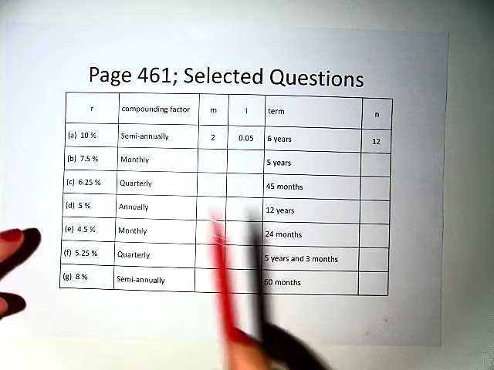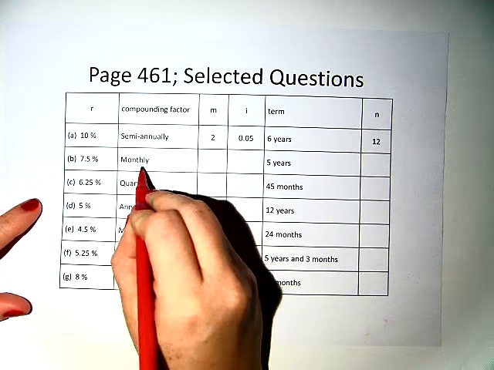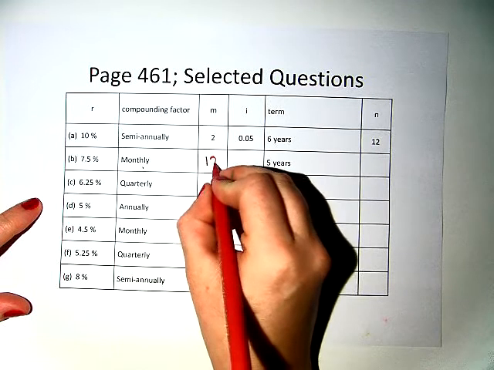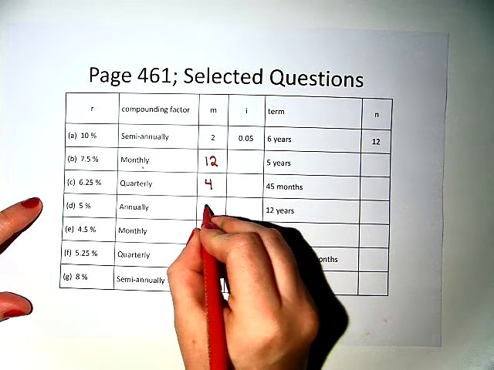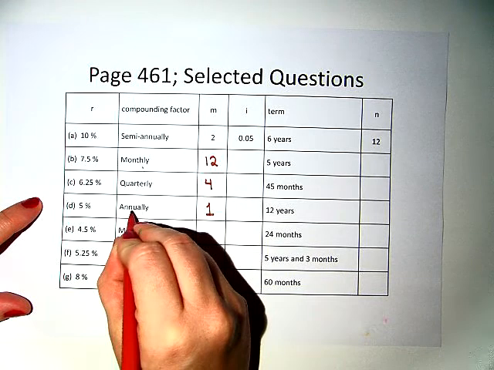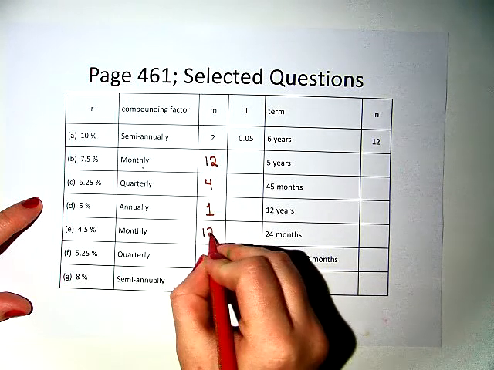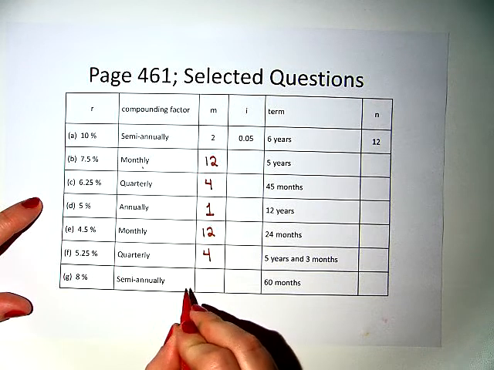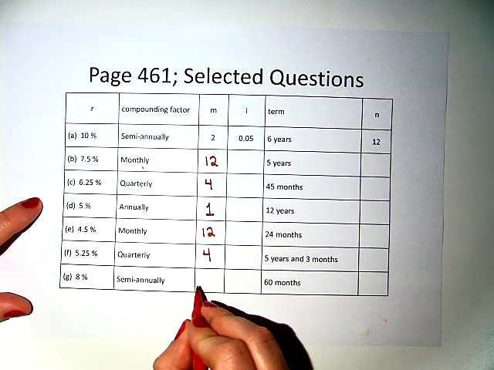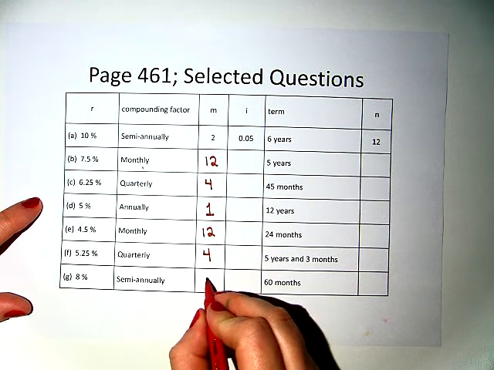When you see the term monthly, how many months are in a year? There are 12 months. There are 4 quarters. There is 1 time per year for annually, 12 times per year for monthly, 4 times per year for quarterly, and semi-annually would be twice per year.